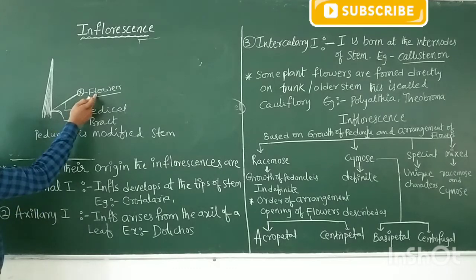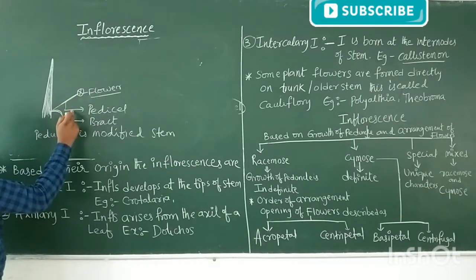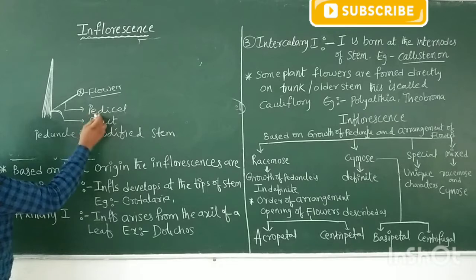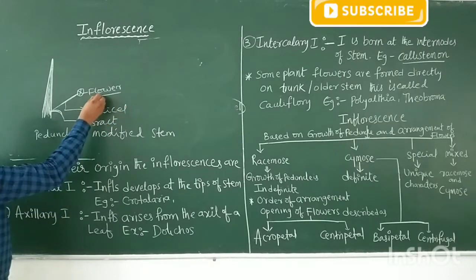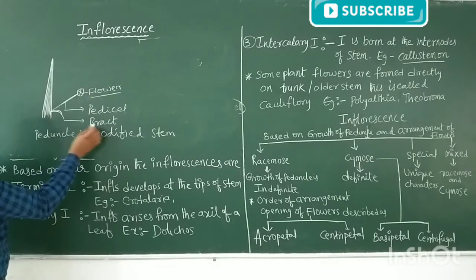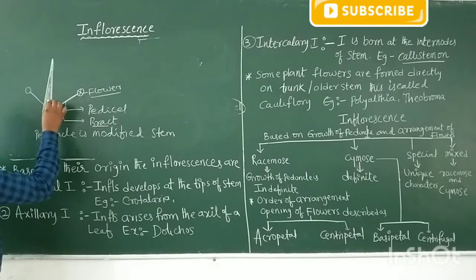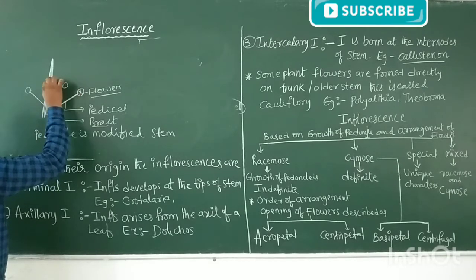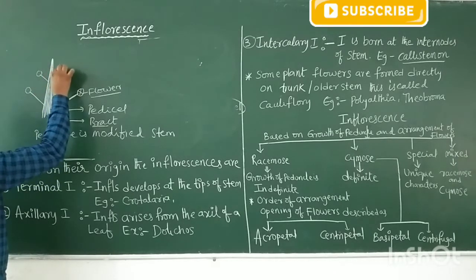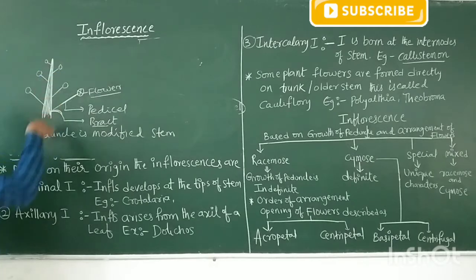Now this flower, having a pedicel, is called a pedicellate flower. This flower contains a bract, so this flower is called bracteate. Like this, many types of flowers are arranged in a specific manner. That is called the arrangement of the flowers.